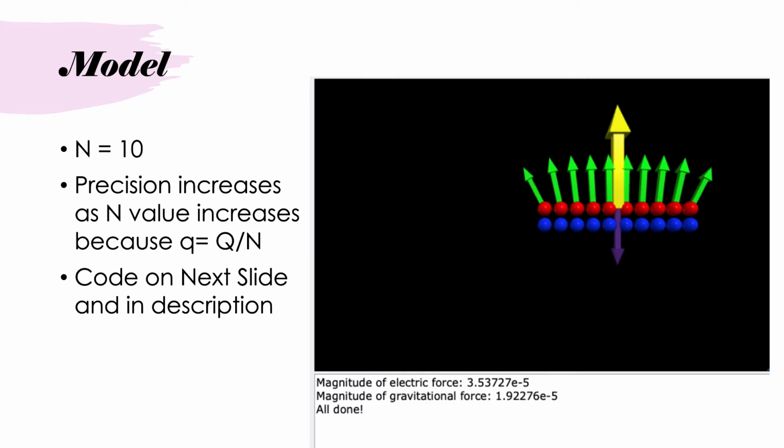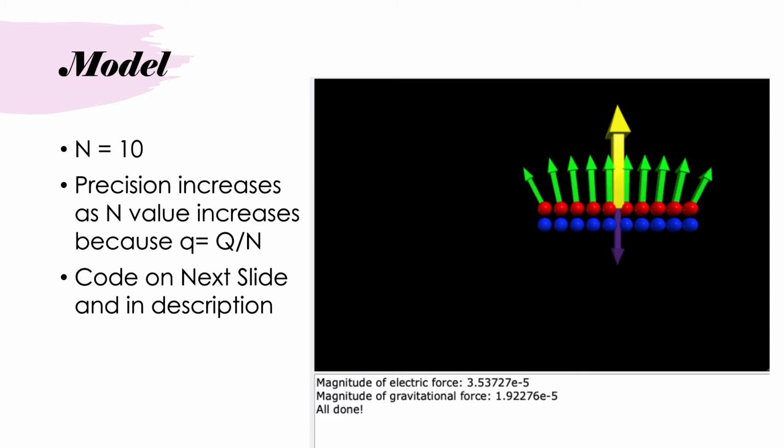The green arrows are the electric forces of each section acting on the upper section, and the yellow arrow is the total of all of the green arrows' forces, and the purple arrow is the magnitude of gravitational force.